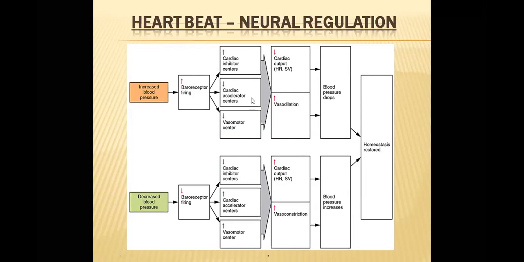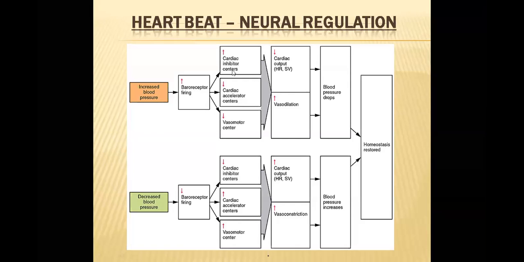In the above condition, what happens? Vasodilation will be made possible, so that increased blood pressure will be decreased due to the vasodilation. When the blood vessels increase in size or the lumen is increased, then automatically blood pressure also will be decreased. So in this way, to bring the blood pressure to normal in both situations, different types of centers will be activated.